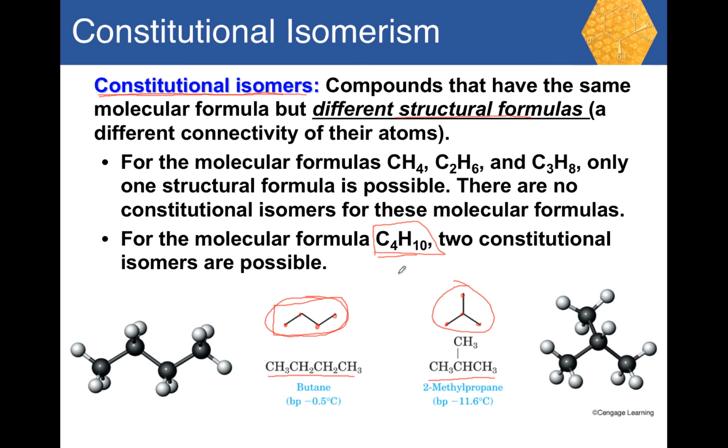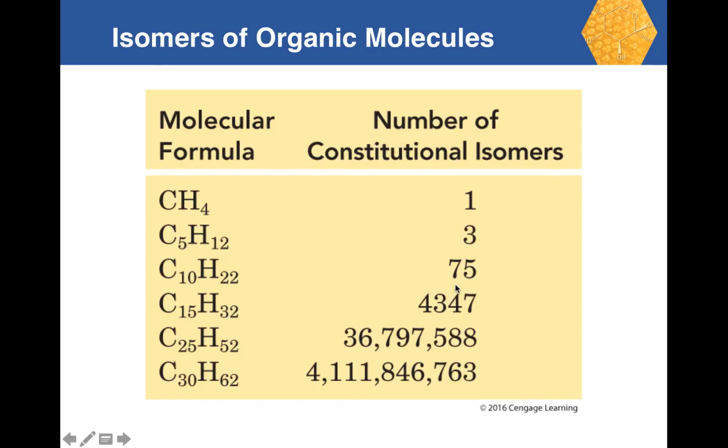They have the same formula. However, the carbon-to-carbon-to-carbon connection is different for this molecule compared to this molecule. Therefore, they are called constitutional isomers. You should be able to recognize constitutional isomers.